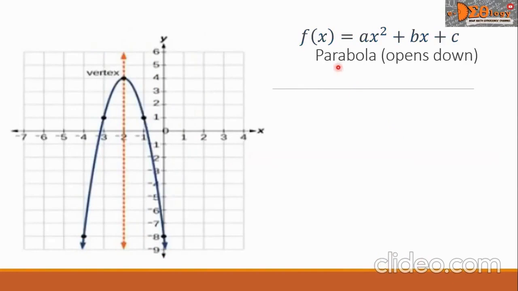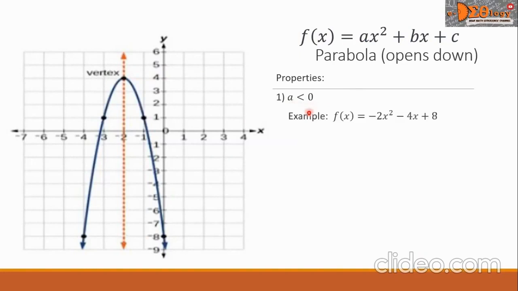Now let us have the parabola that opens downward. The vertex is now on top, and let's begin with our property number 1. a is less than 0. It means a is negative.